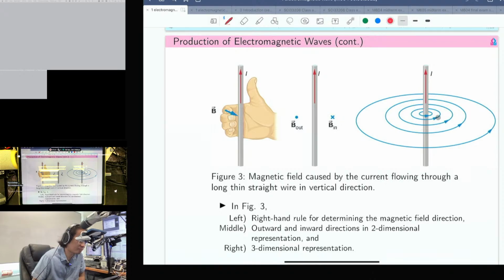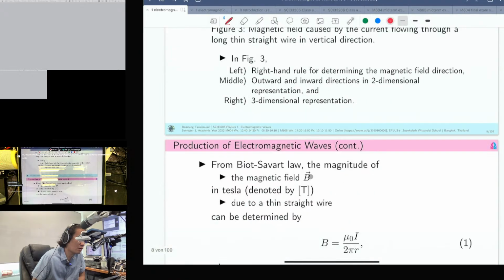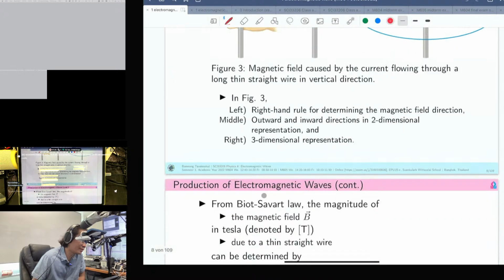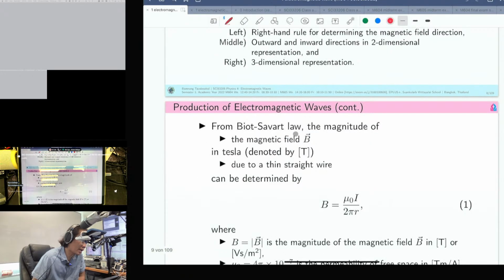You get a greater value of B. If you are far away from the center of the wire, you are going to get a weaker amount of magnetic field. This relation has been observed by Biot and Savart.